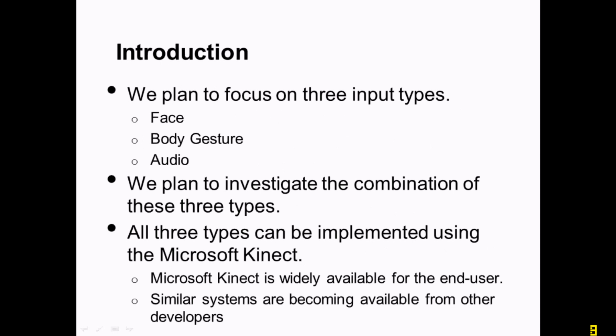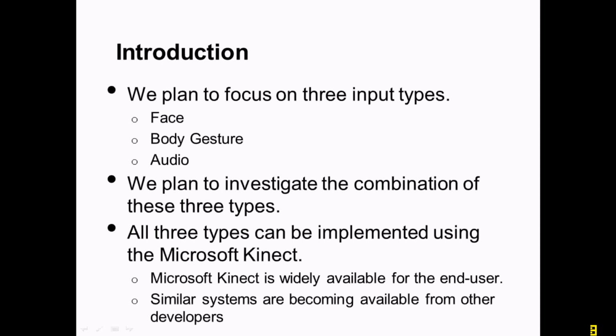And we hope to investigate the combination of these types and hopefully mitigate any drawbacks each of them would have. So we may do different combinations of 2 out of 3, and maybe all 3 of them together. The nice thing about all 3 is they can be implemented using the Microsoft Kinect. The Microsoft Kinect is Microsoft's depth camera sensor for user tracking that's used with its video game system, the Xbox 360.